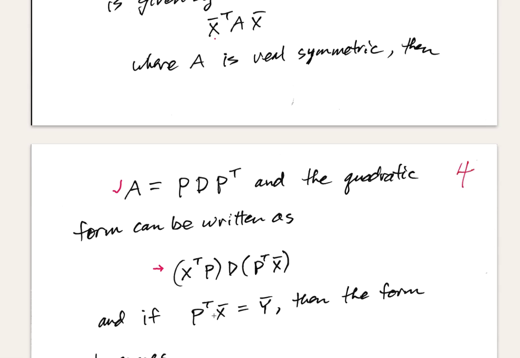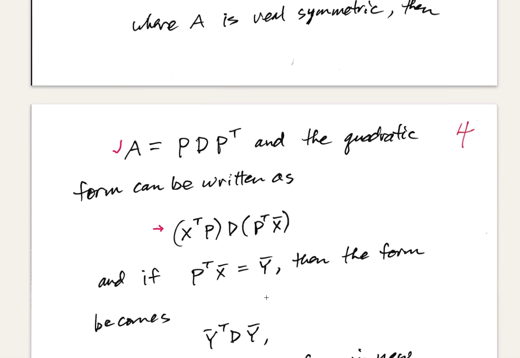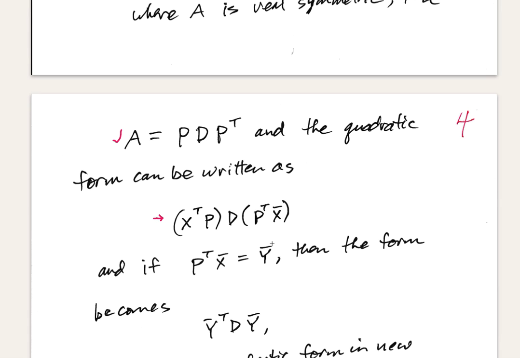And if I let P transpose times x bar be y bar, I'm making a change of variables here, I'll call them y1, y2 or something. Then what would y bar transpose be? It would be this fellow right here. Oops, I forgot a little bar on top of that.